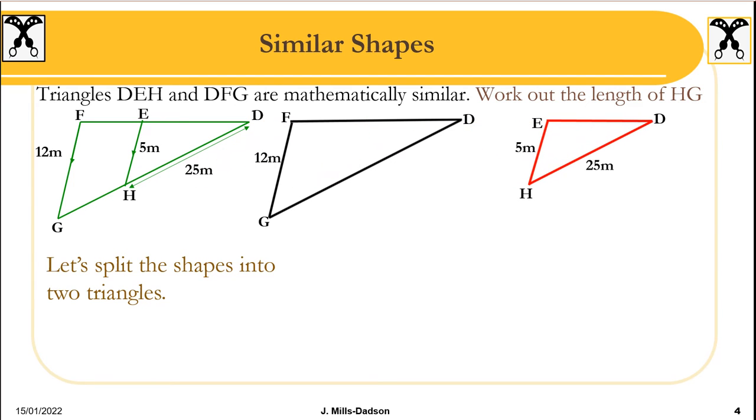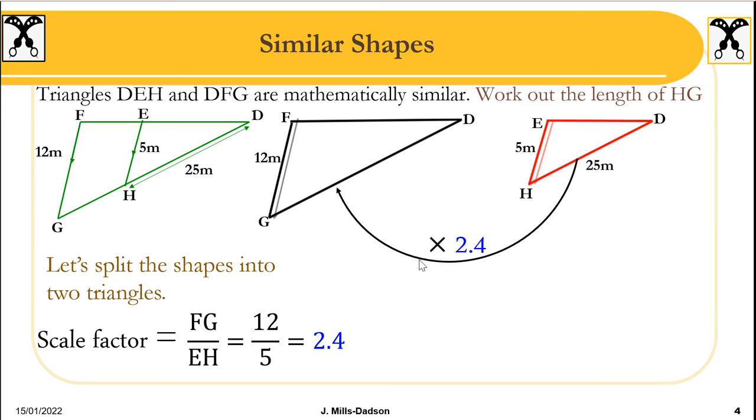Now with this, you could see that it's becoming a bit clearer here. You could see 12 corresponds to 5 and 25 corresponds to DG. Now we are only supposed to work out HG, but if you manage to work out DG, you'll be able to know HG by taking away 25 from DG. So you do your normal thing. The 2 corresponding sides are 12 and 5. Work out your K, which is your scale factor.